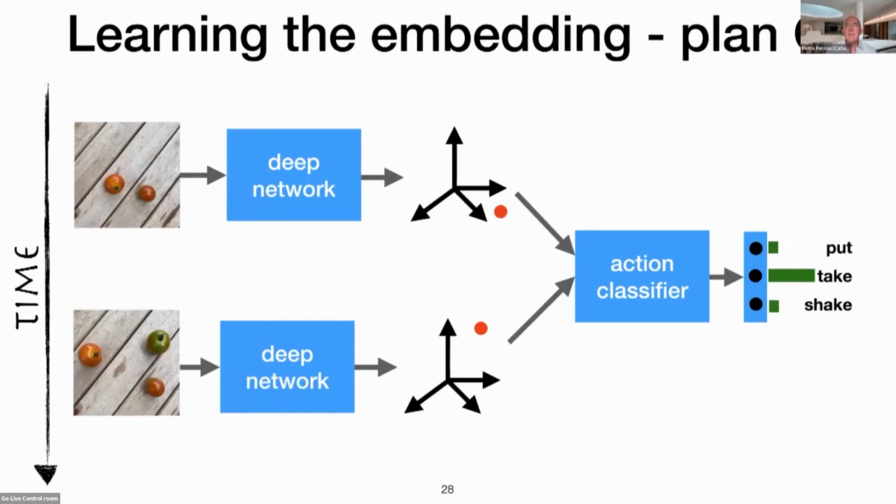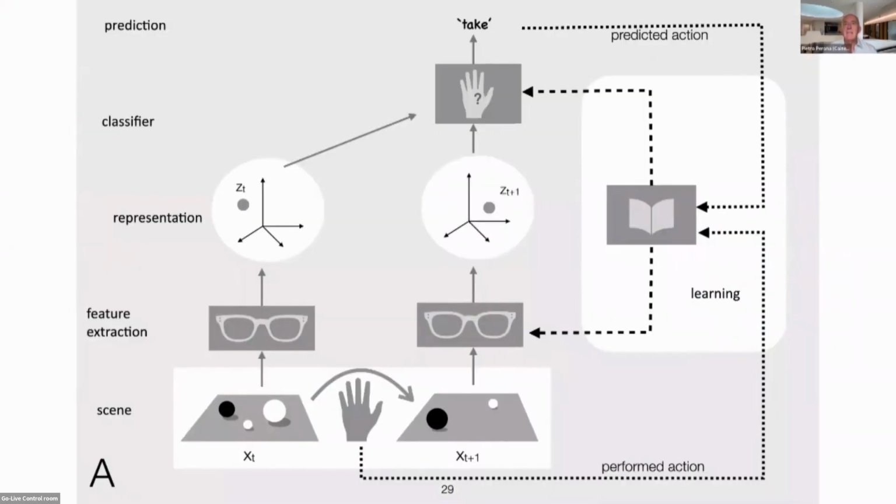And so the way to think about it is to have a Siamese network that does perception, where the previous image and the current image are being analyzed and projected into the embedding. And from the embedding of before and after, an action classifier will classify the action. Okay, so now we have a scheme that we can use to train with supervision. And here it's shown in a slightly different way, where the world is below, there is a hand moving objects, and there is perception.